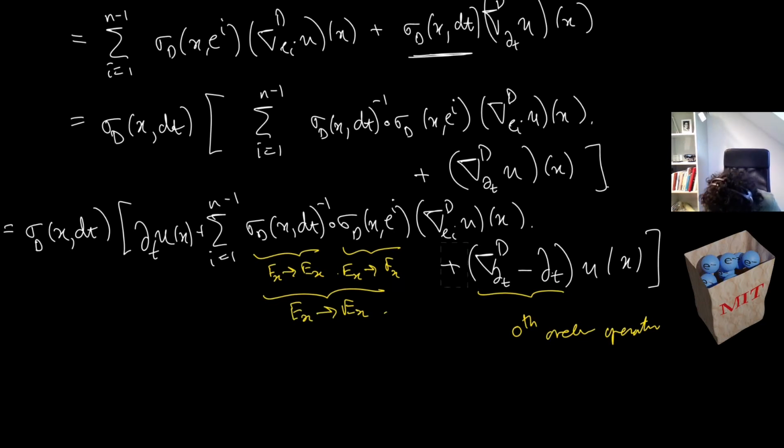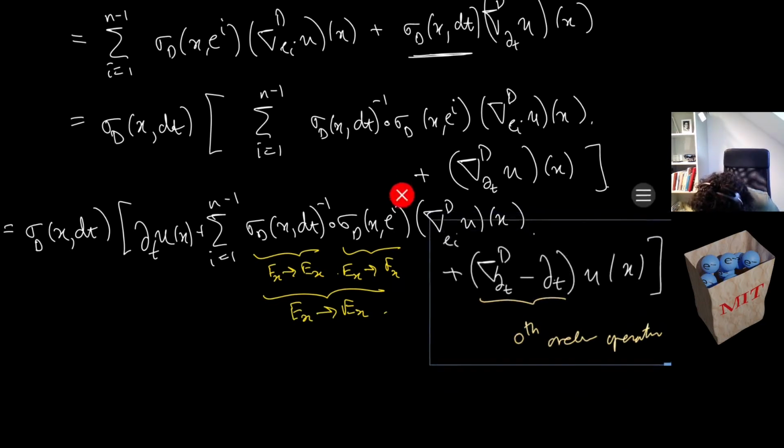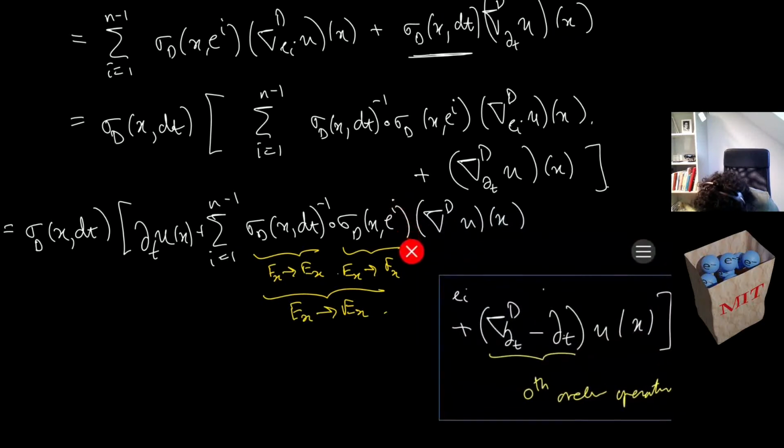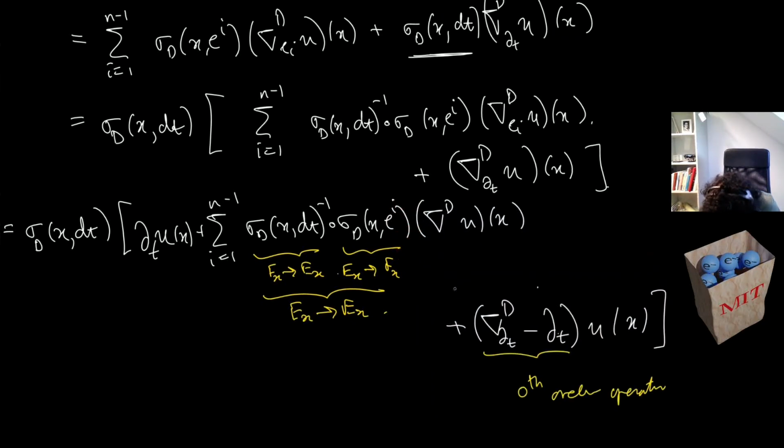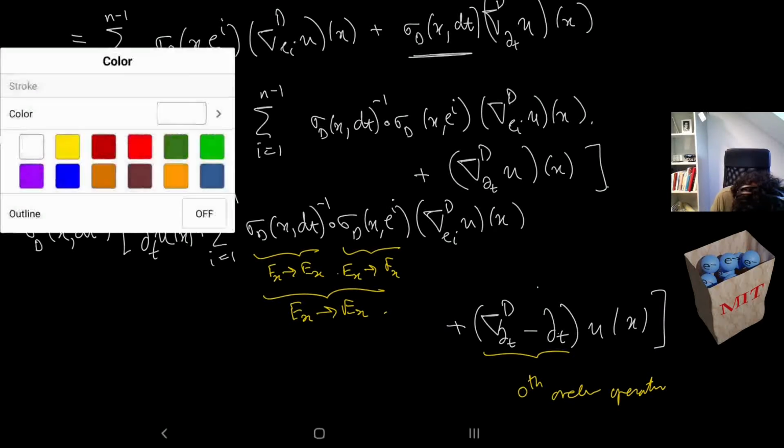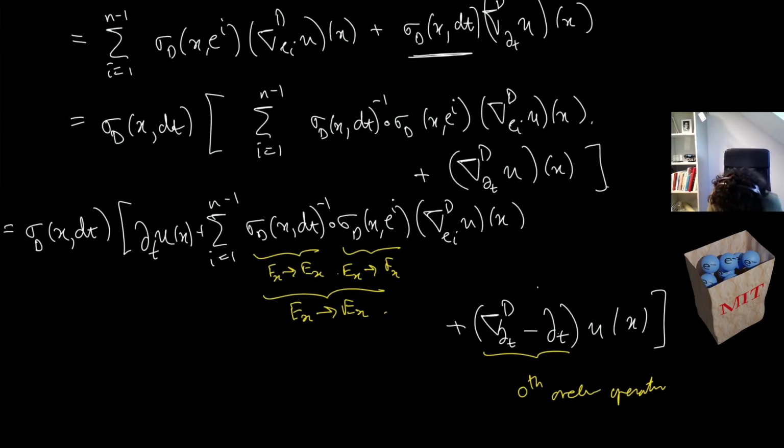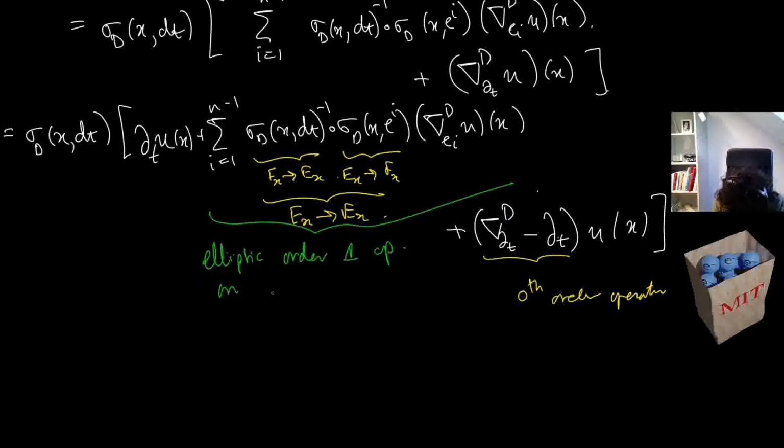Yeah, it's a bit annoying that I don't have enough room here to write these things. Let me move this down a bit further and write the e_i here. So I want to write something more. The point is that if I look at this whole thing here, this is an elliptic symbol, and this is an elliptic order 1 operator on the boundary.